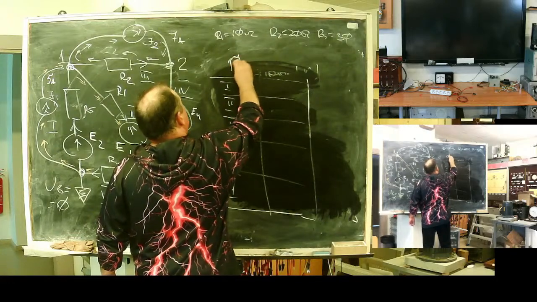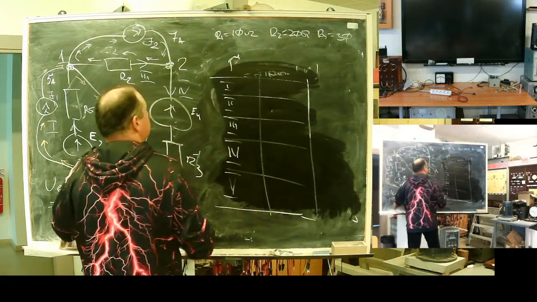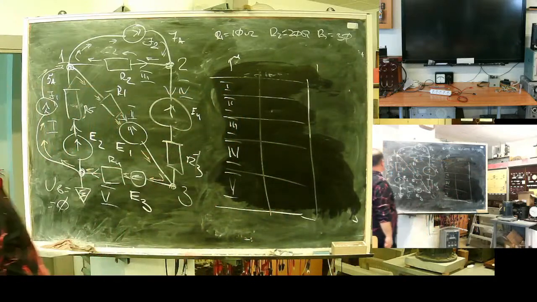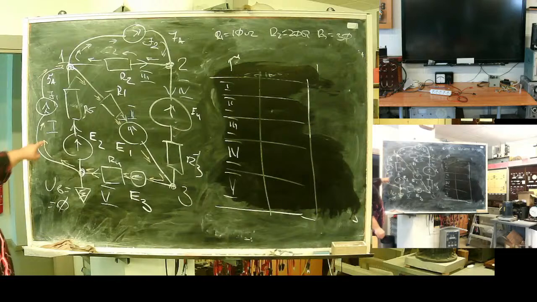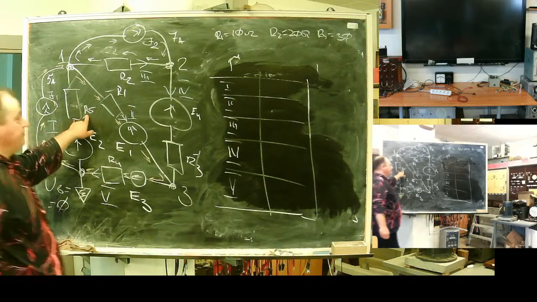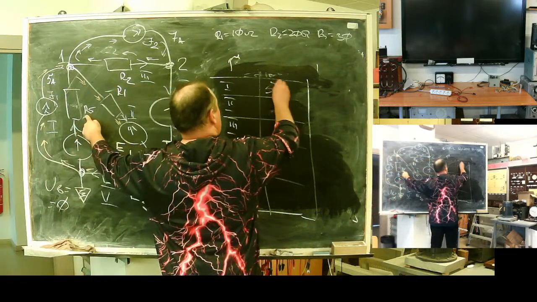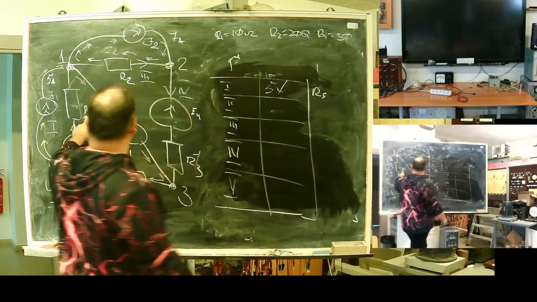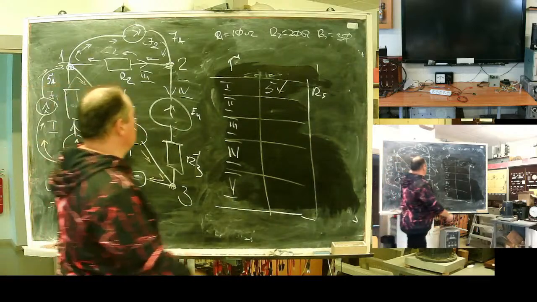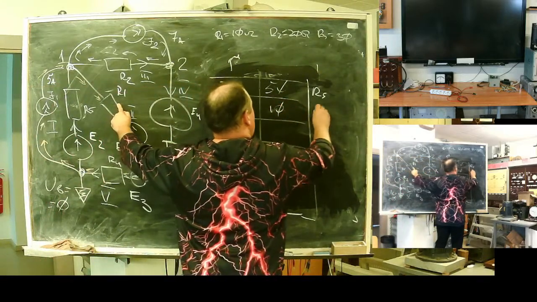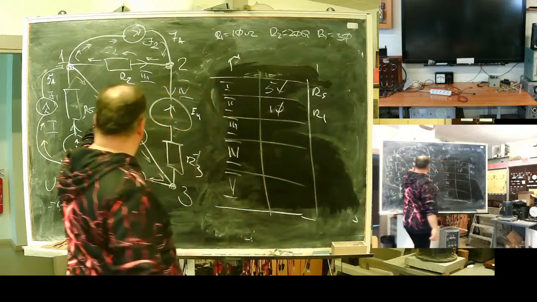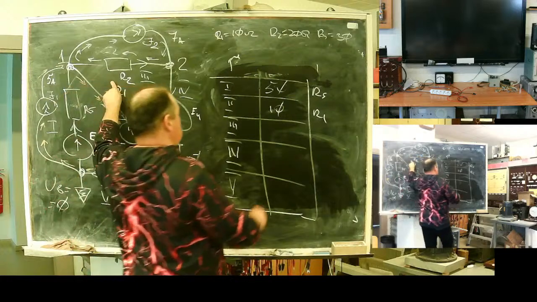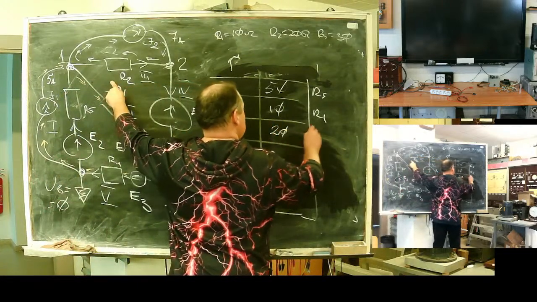My tiny r. So what have I created: first branch, R5, 50 ohms. Second one, R1, 10 ohms. Third, R2, so it's 20.